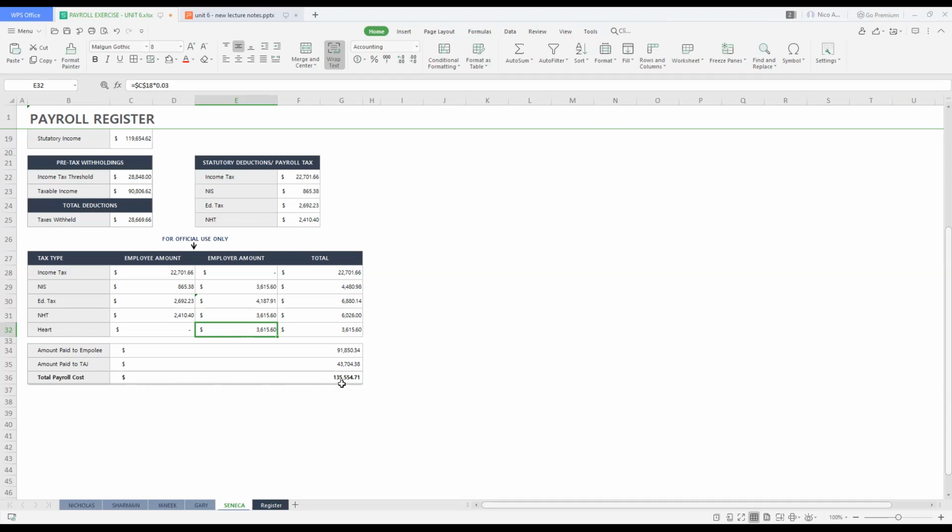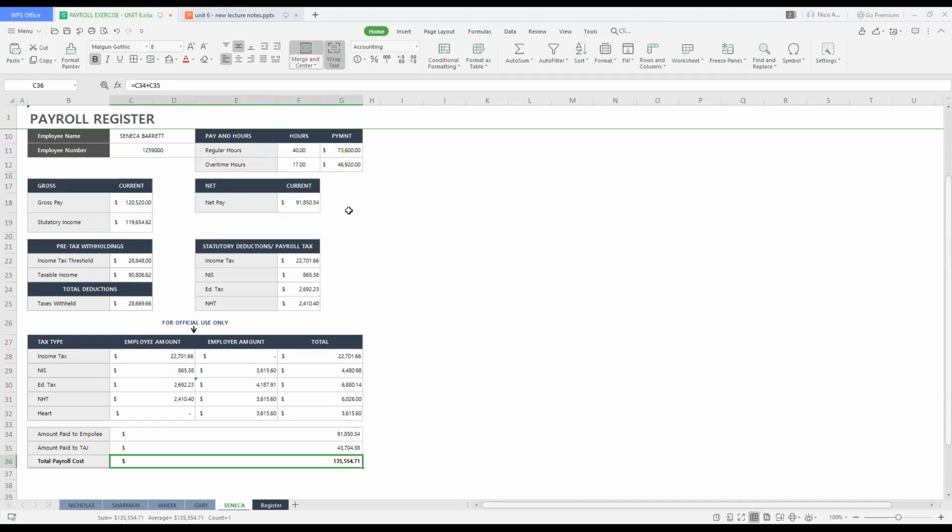All right. And so this is your payroll cost for this one employee. So even though you technically paid the employee $91,834, your overall payroll cost is $135,554.71 for that specific employee, because you had to pay NIS as well, education tax, HART, and NHT on their behalf.